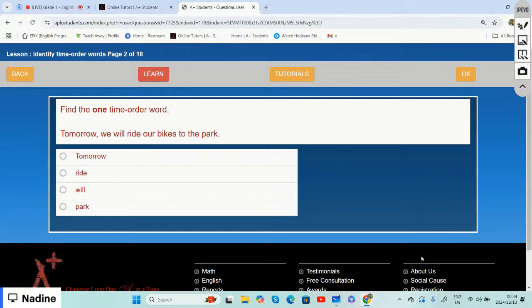It says tomorrow we will ride our bikes to the park. We need to choose our time order word. Is it tomorrow? Is it ride? Is it will? Or is it park? Which option is correct?